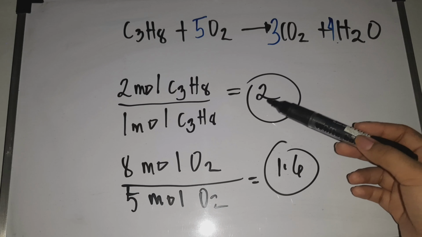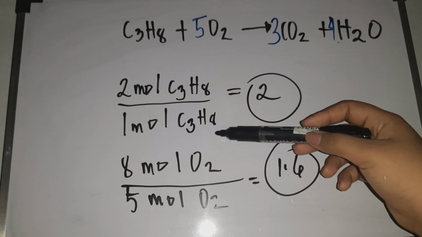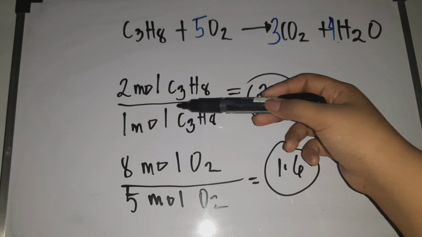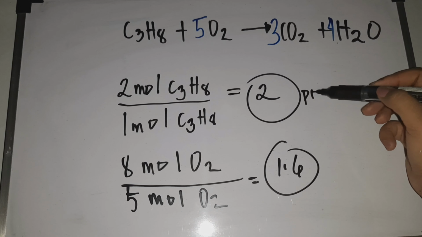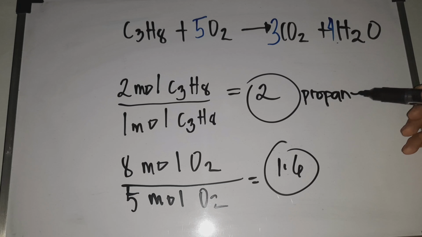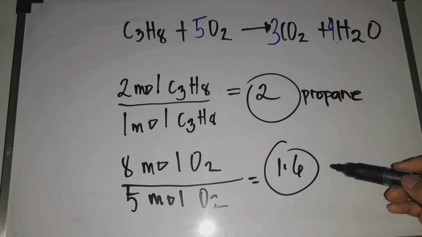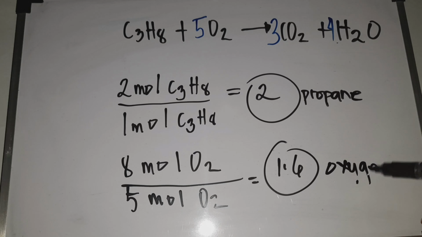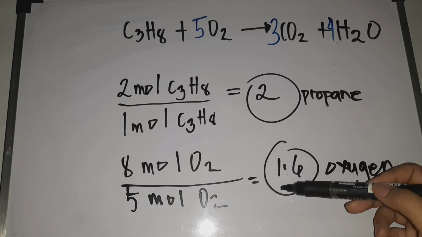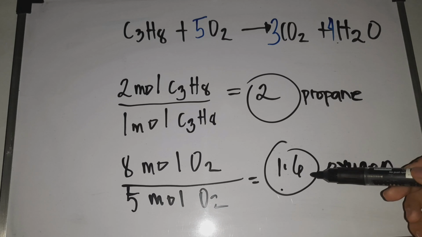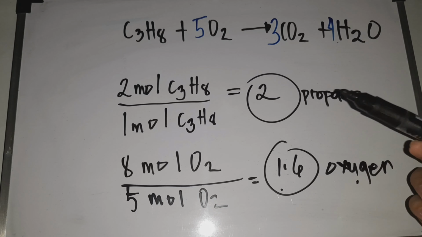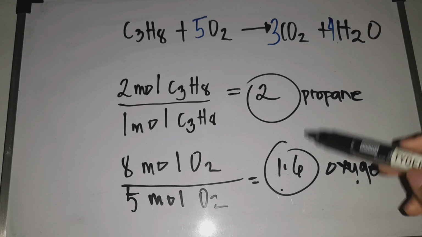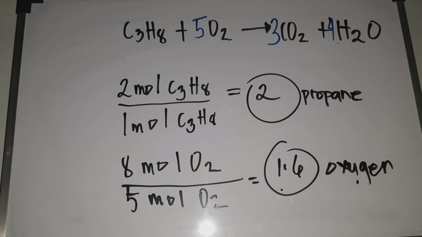So therefore, the excess reagent is propane, and the limiting reagent is the oxygen. Why? Because oxygen is only 1.6 and propane is 2. This is the simplest way in finding the limiting and excess reagent.